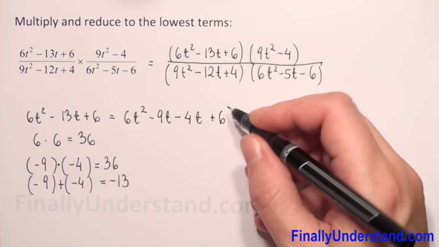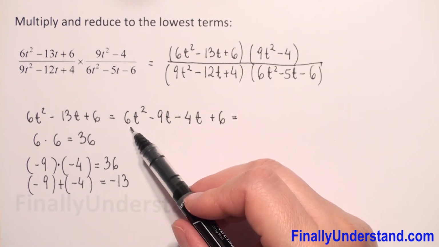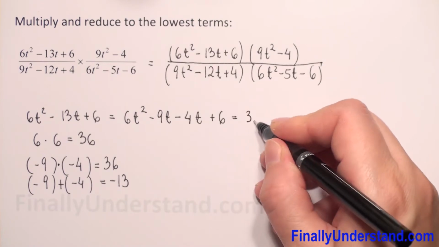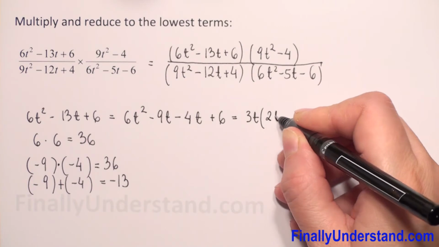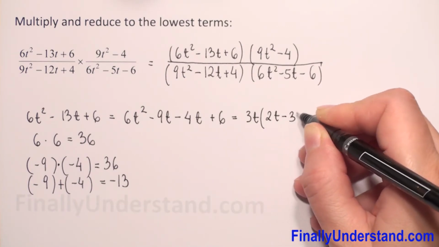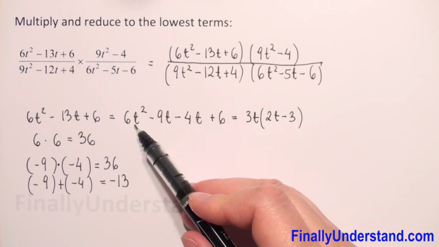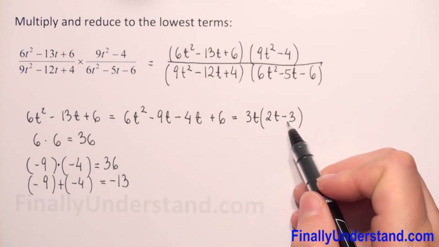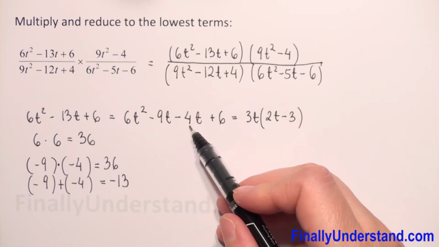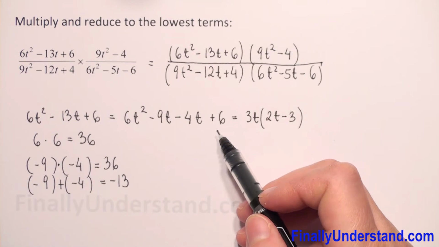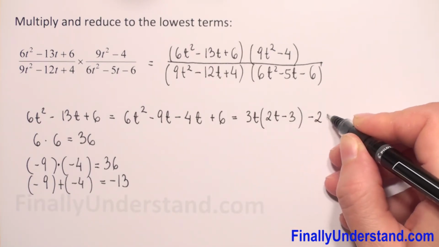And now we can factorize from the first two expressions 3t, so 3t, and it will be 2t minus 3 in parentheses. 3t times 2t is 6t squared, the same as we have at the beginning, and 3t times negative 3 is negative 9t, so we have the same, and from negative 4t and 6 we can factorize negative 2.